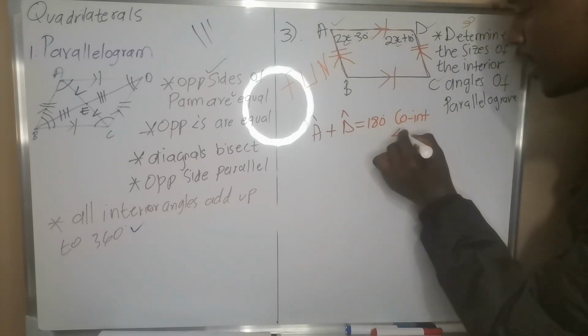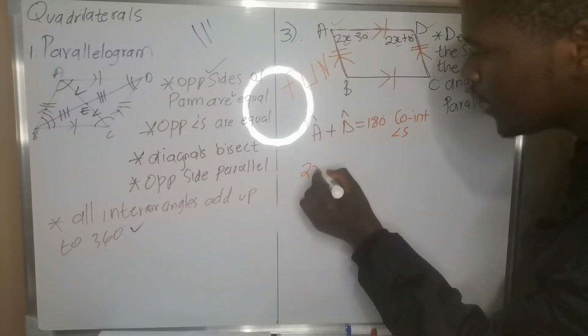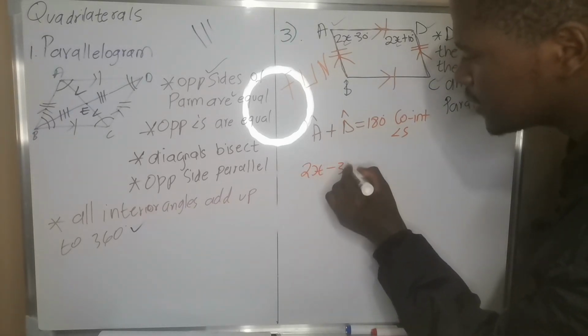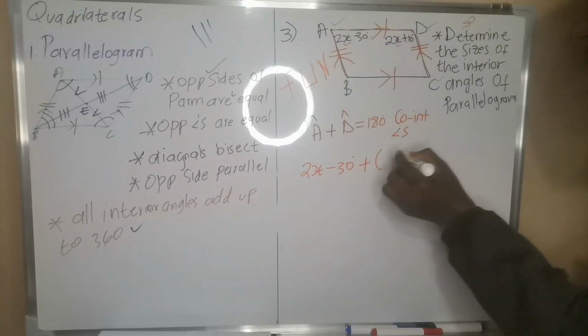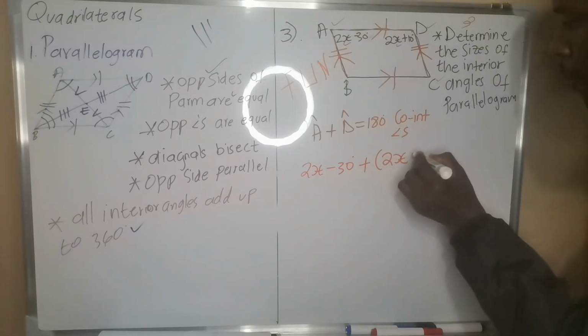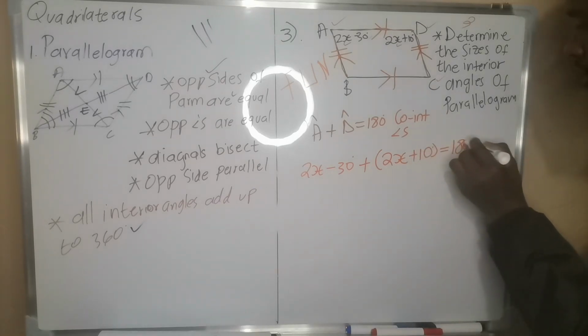Co-interior angles. What's the value of angle A? 2x minus 30. What's the value of angle D? Plus bracket 2x plus 10 equal to 180.